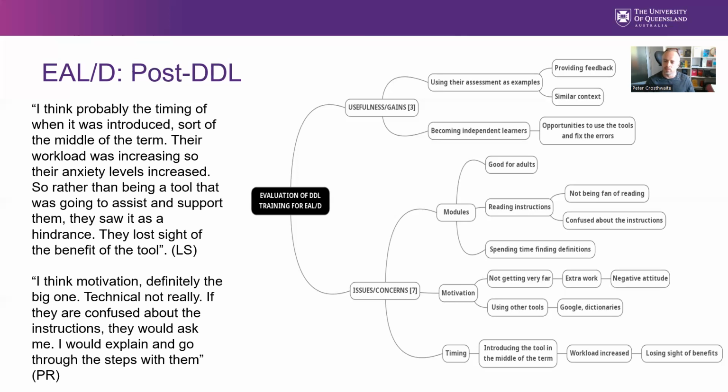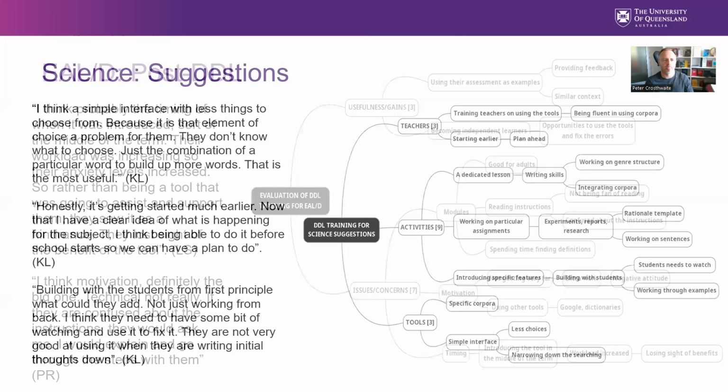They felt the pressure of workload, and that pressure made them perhaps lose sight of the benefits of the intervention they were engaged with. They felt the instructions could be a little easier, and that video instructions might be preferable to lots of text when designing online training materials for DDL and getting the students to understand how the different tools work and the different functions of the tool.